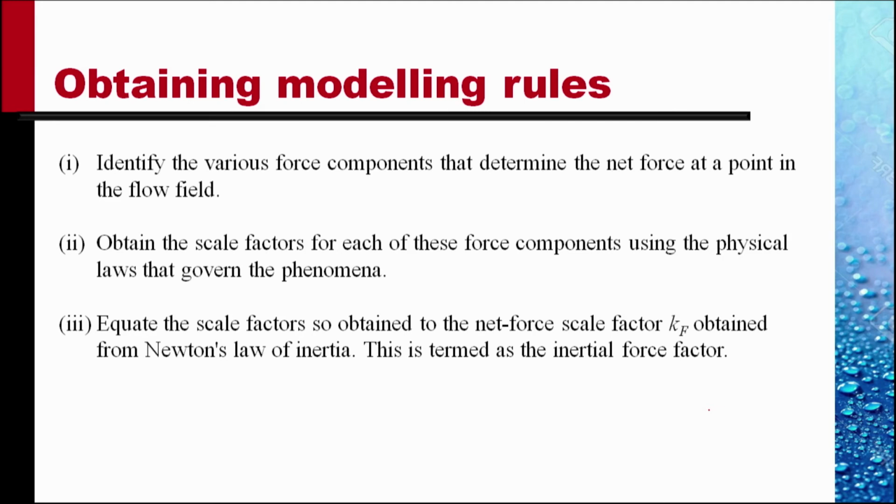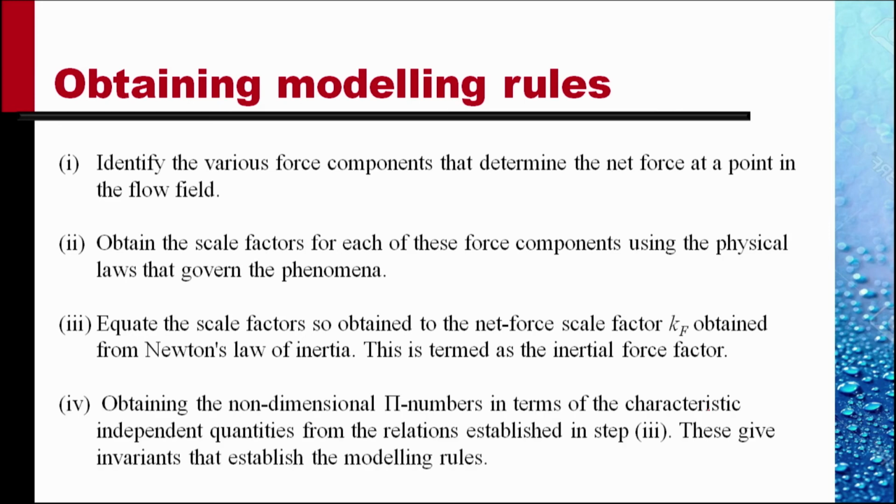This last is termed the inertial force factor. And then obtain the non-dimensional pi numbers in terms of the characteristic independent quantities from the relations established in the step above. These give invariants, the pi numbers that establish the modeling rules.